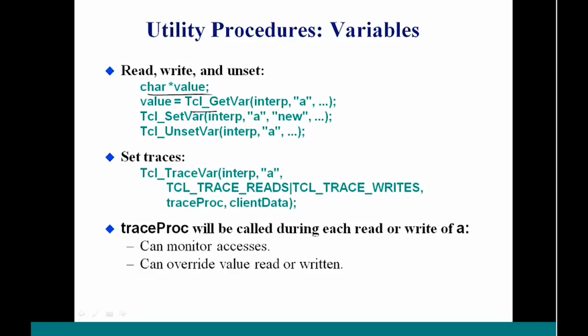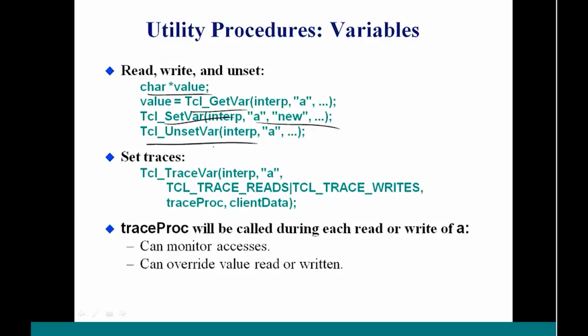Value is Tcl_GetVar, interpreter, a, something, and then Tcl_SetVar, interpreter, something, and then unset something else. So we can use get, set, and unset. Basically, pretty much read, write, and unset.